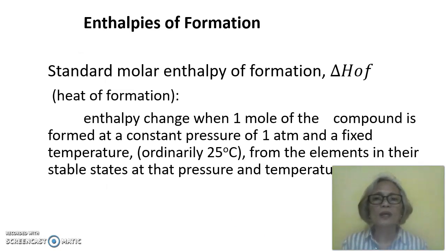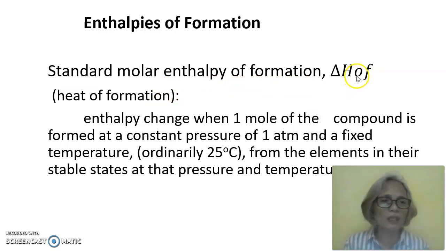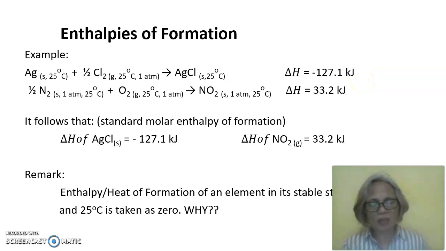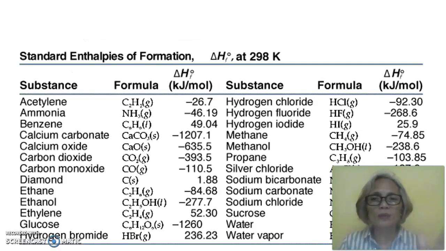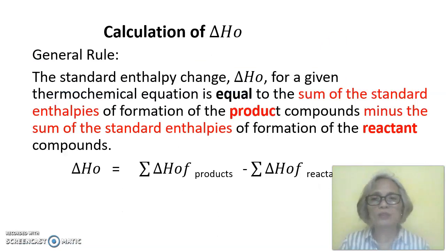Now, for enthalpies of formation, the standard molar enthalpy of formation, delta H sub f degree. We have the same formula: delta H of products minus reactants. We have another table for standard enthalpies of formation.